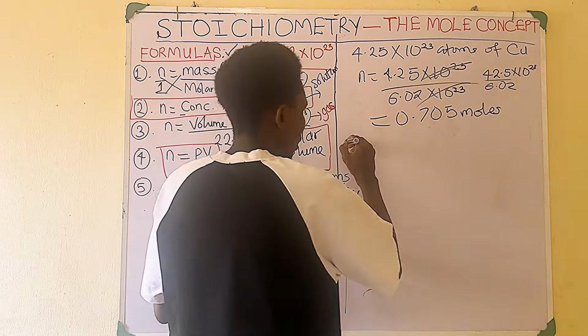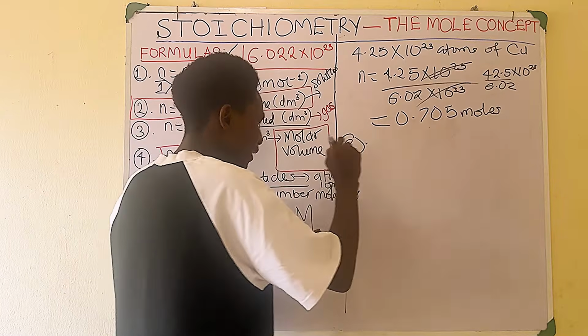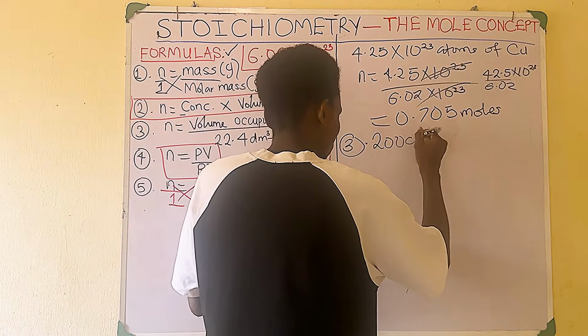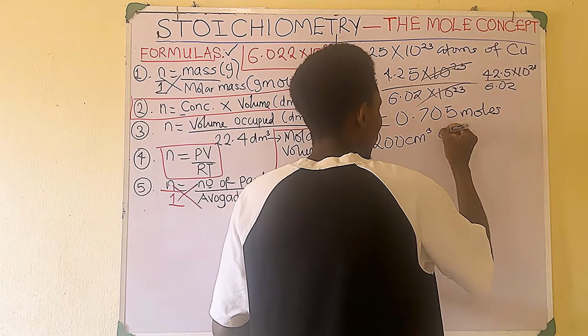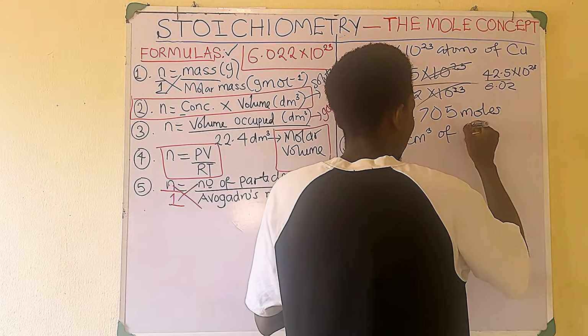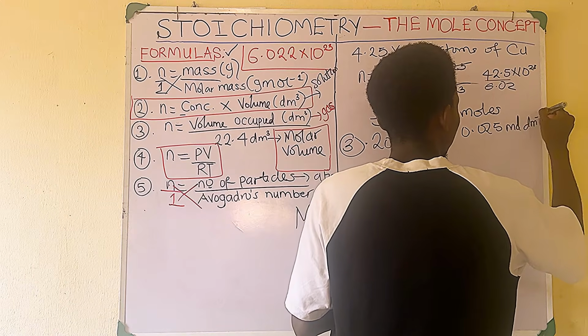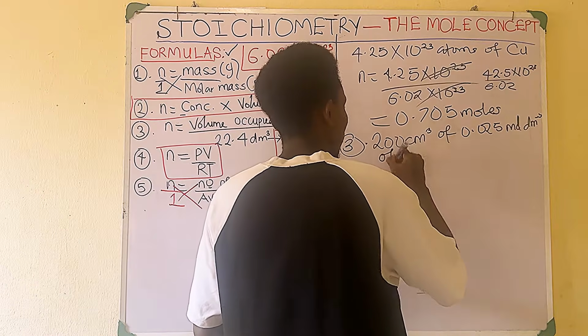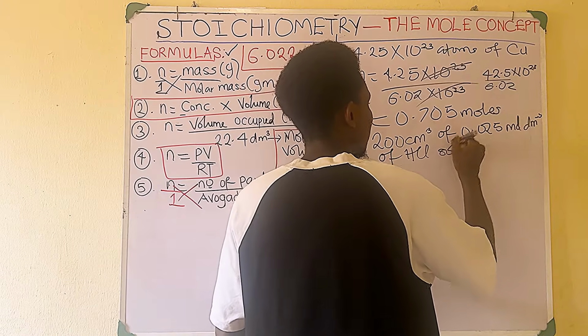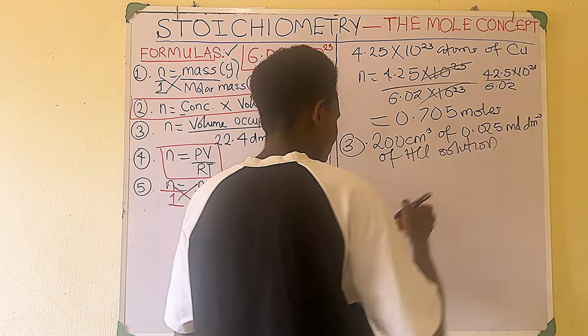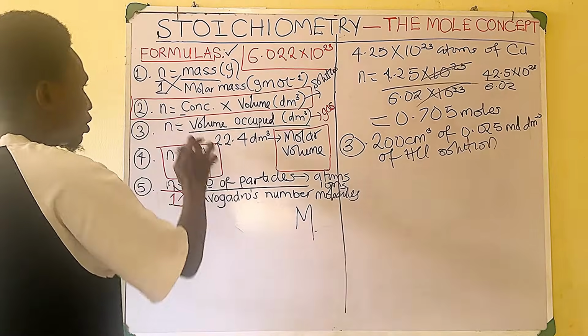Now the next question quickly. It says 200 cm cube of 0.025 mole per dm cube HCl solution. If you look at that formula I gave you, there's one that relates to solution automatically.